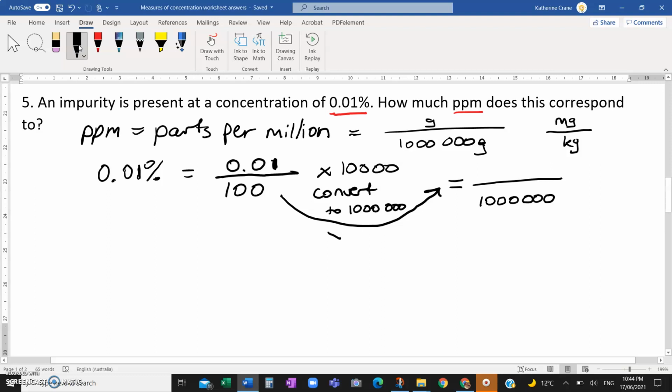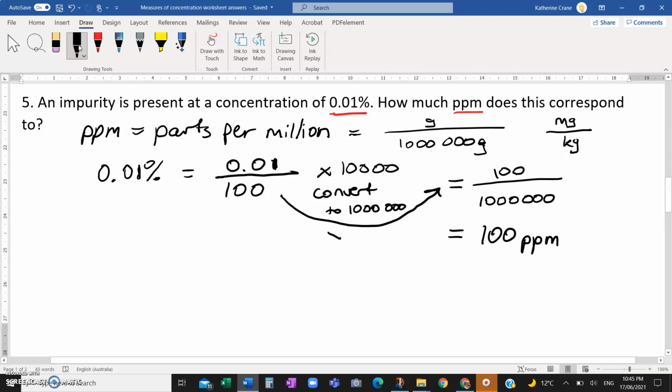So 0.01 times 10,000, you just move the decimal point 4 places, which is 100 over a million. So that would give us the equivalent of 100 parts per million. That's one way. That's the way I think of it. It's just how my brain works.